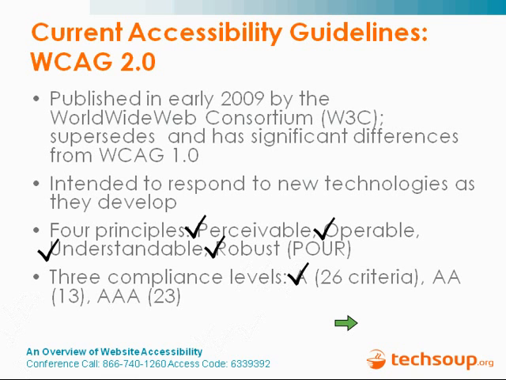The second level is AA, which has 13 criteria. These are things that should be in place. People may be able to use your website without them, but it's going to be unnecessarily difficult. And then the third level, AAA, which is 23 criteria, are things that may be in place.